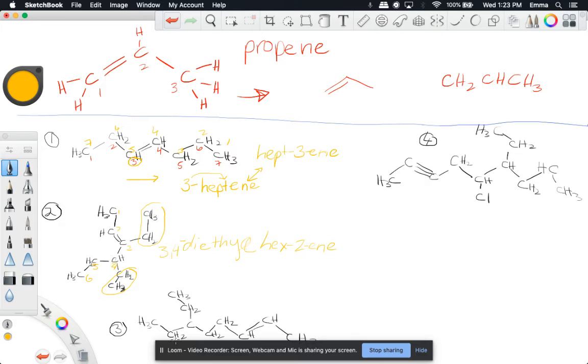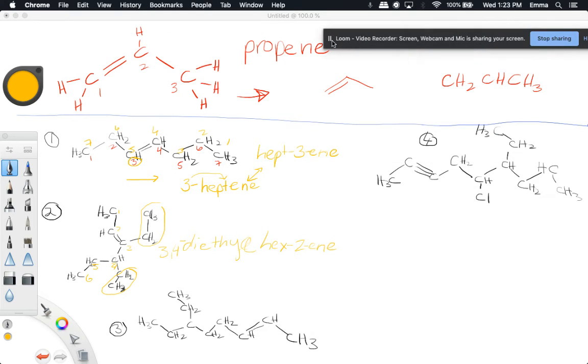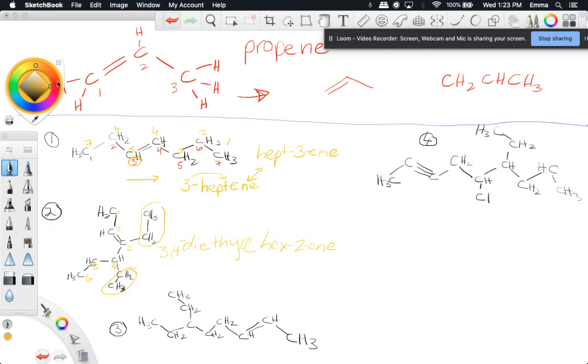Down here, we can start off with this example. I'm going to label this carbon backbone starting from right to left because I can see that the double bond is pretty soon on the right side. So it'll get a carbon number 2 there. For an 8 carbon backbone, it's oct.